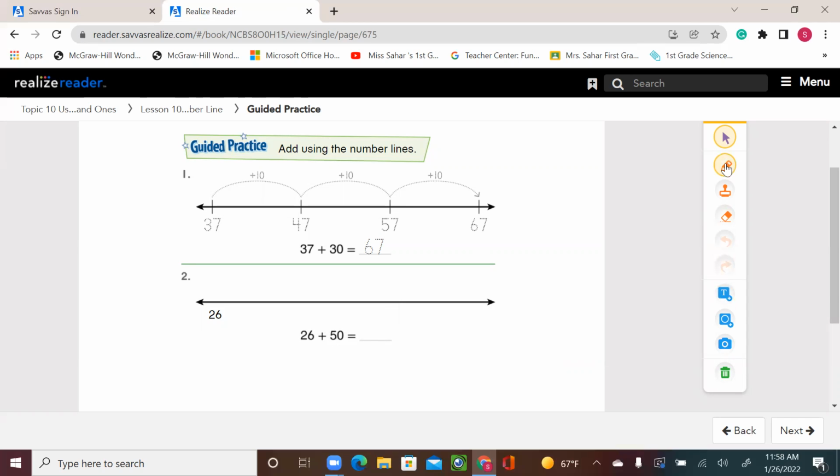So let's do this one first. This is 1 ten, 2 tens, 3 tens, 4 tens, 5 tens. Okay, let me write it down.